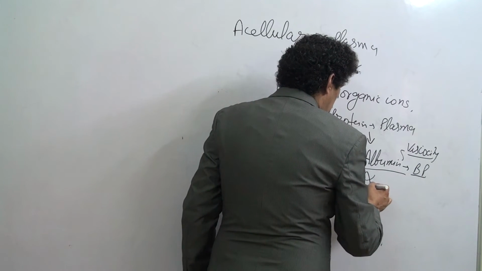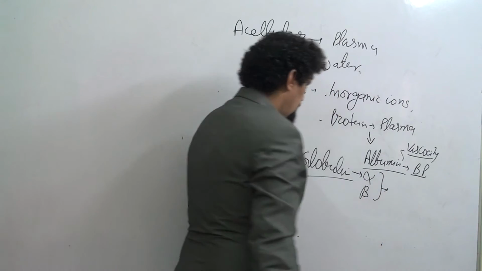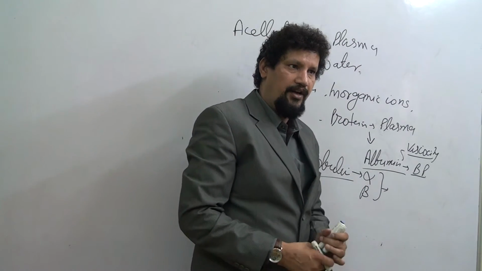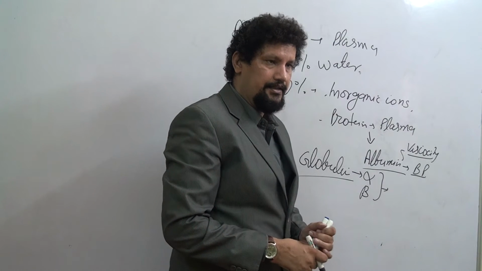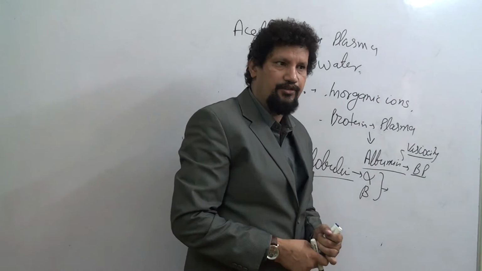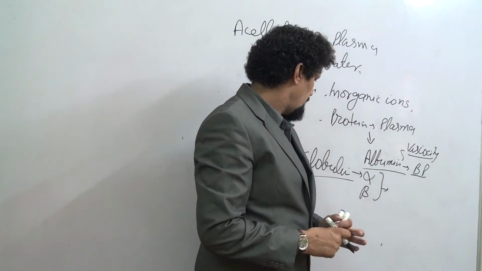Alpha and beta both are formed by the liver, and alpha and beta globulins play a key role in the transportation of fat soluble or lipid soluble vitamins.